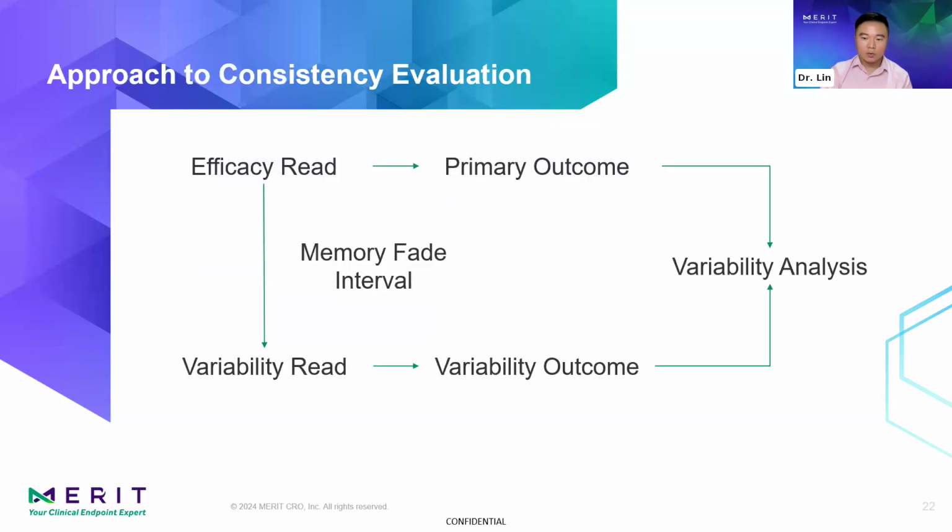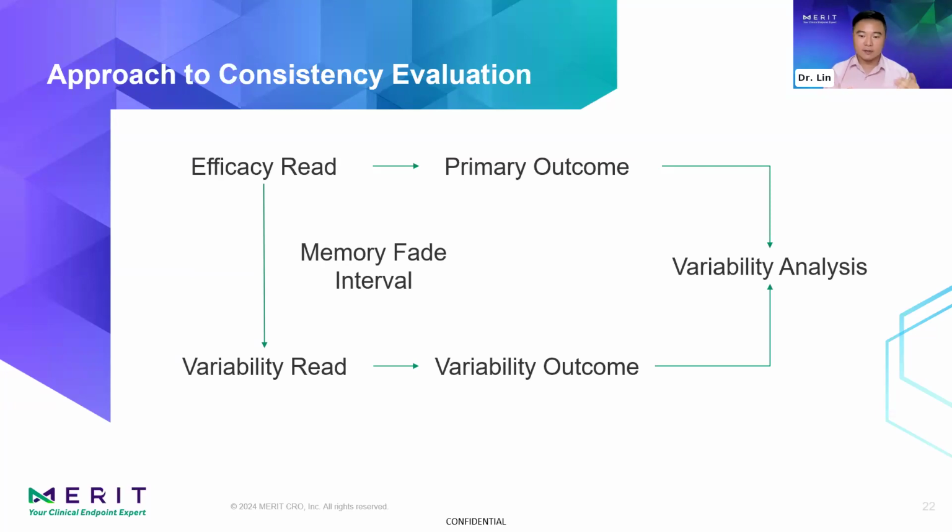So today we will be discussing a crucial aspect of independent central reading in clinical trials, which is the variability read, also known as consistency read, QC read, intra-reader variability analysis, whatever the name. These terms may vary across different vendors within our industry, and we need to pay attention when we talk about consistency and variability, because these two terms are just opposite.